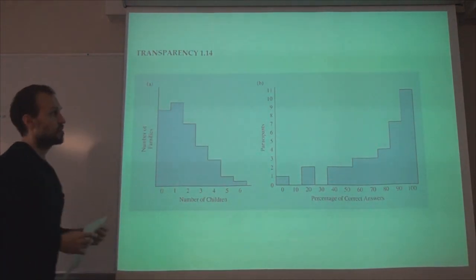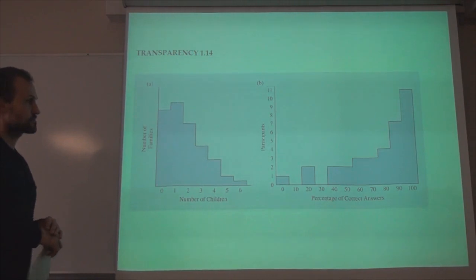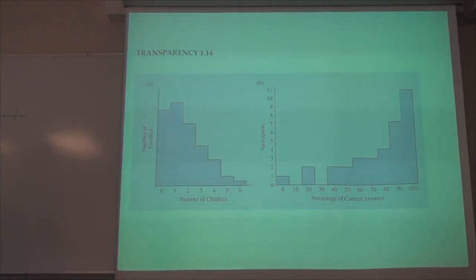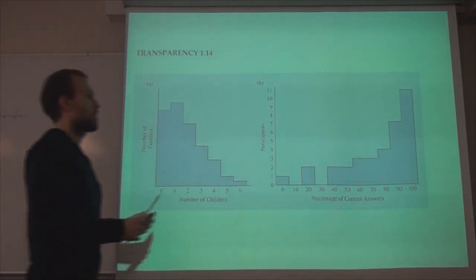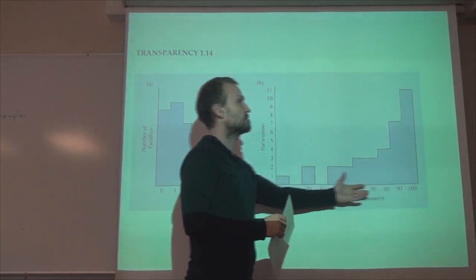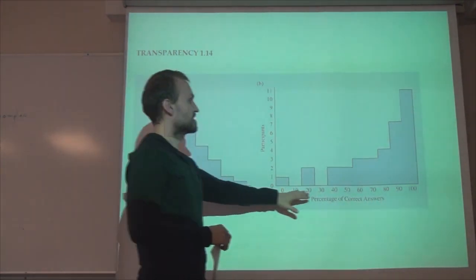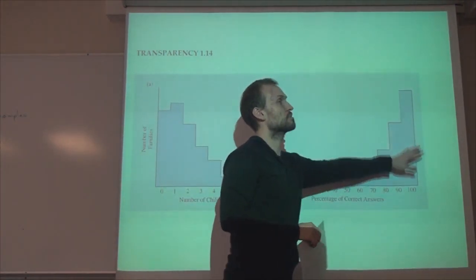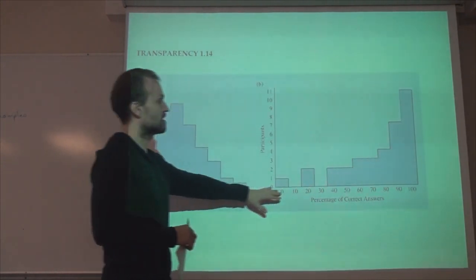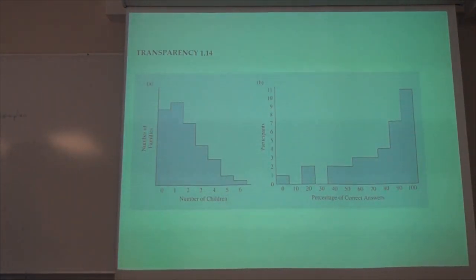Positive skew. Or if I look at the example on the right there, if I look at the percentage of right answers in the quiz, and I look at how people scored, depending on the quiz, you could have something like this, where many people scored fairly high, and then fewer and fewer scored low.